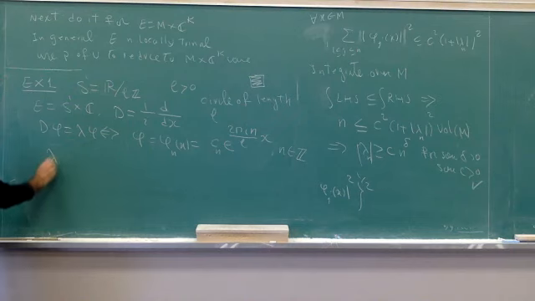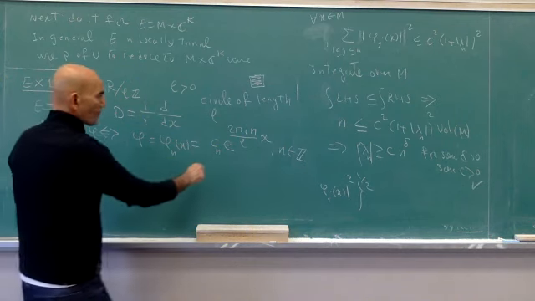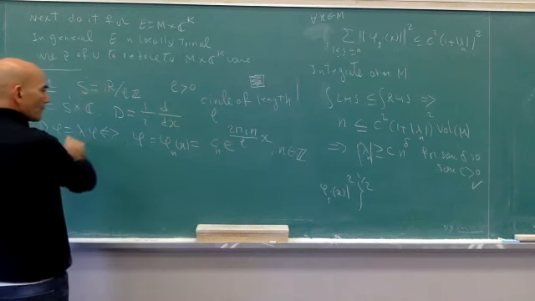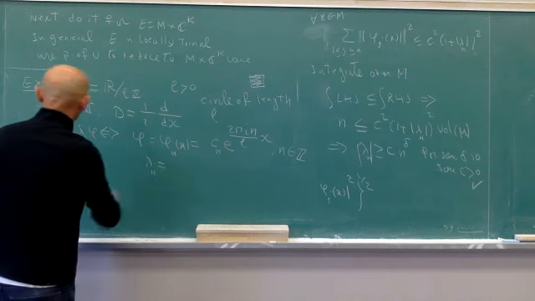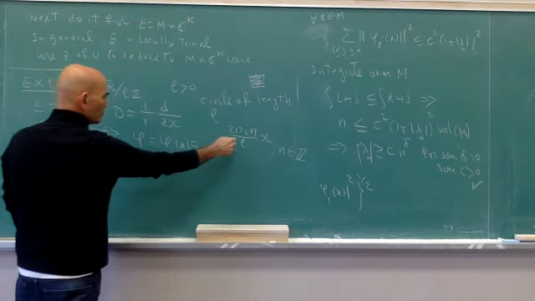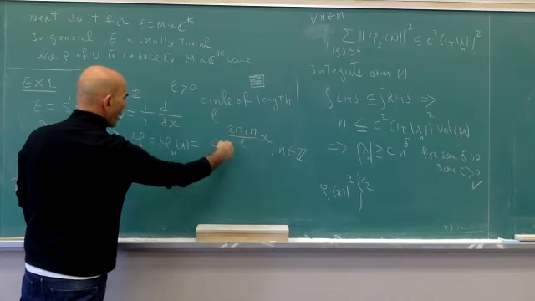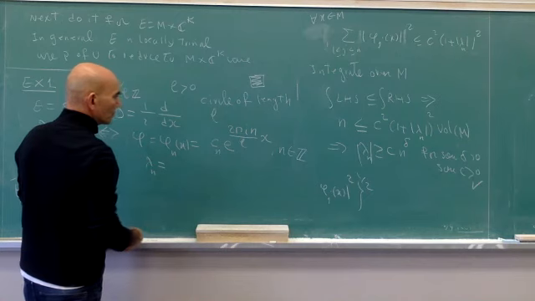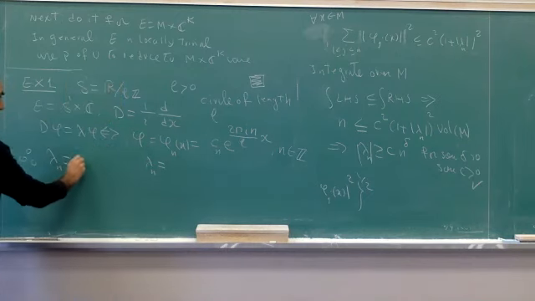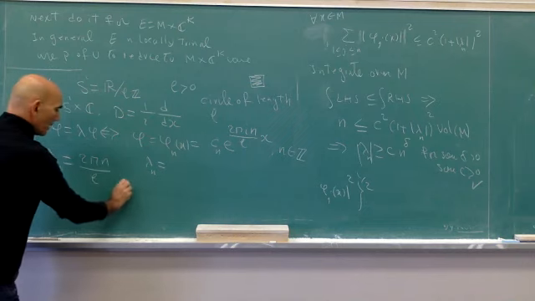So what is lambda n? You just apply this 1 over i d/dx to this function, and you get lambda n equal to 2 pi n over L, n belongs to Z.